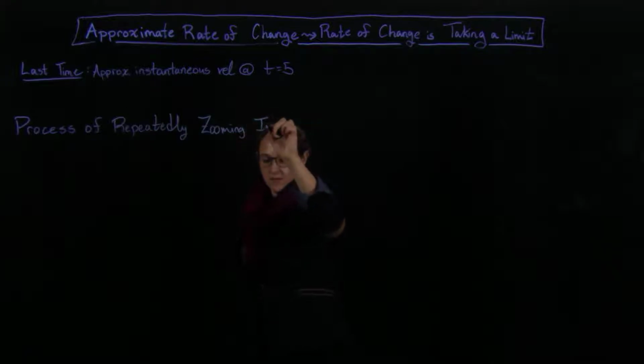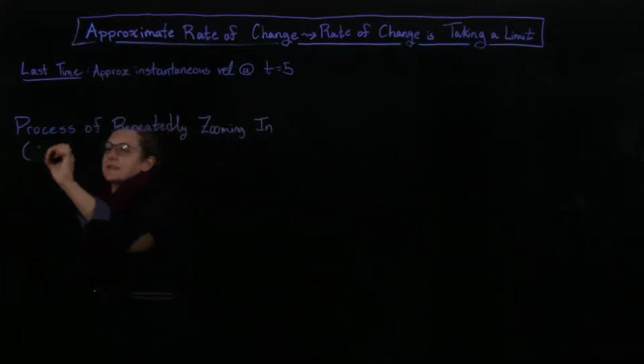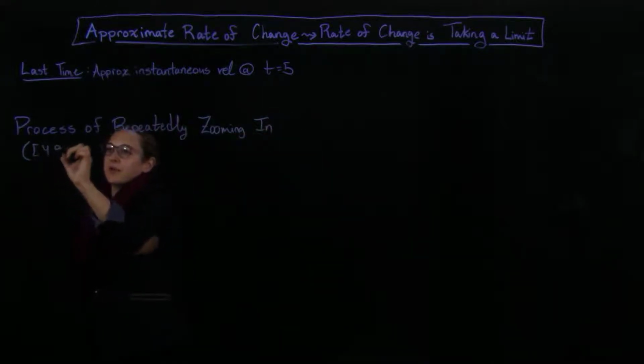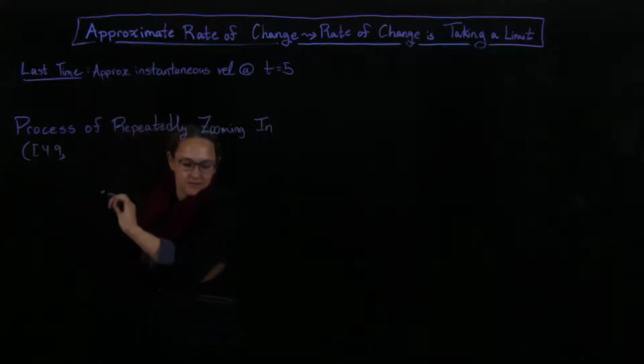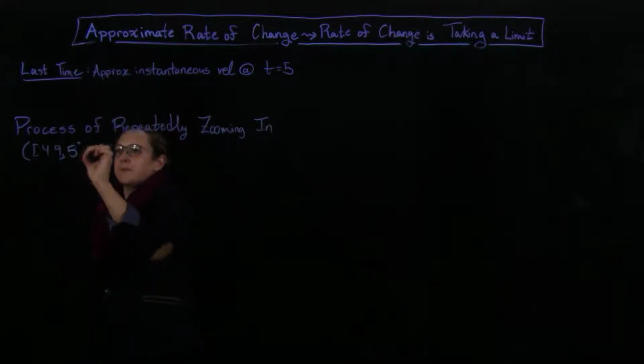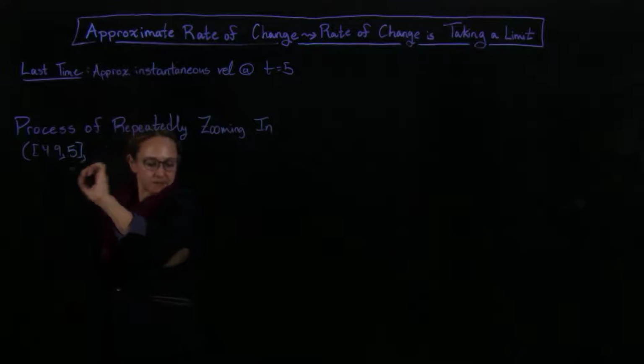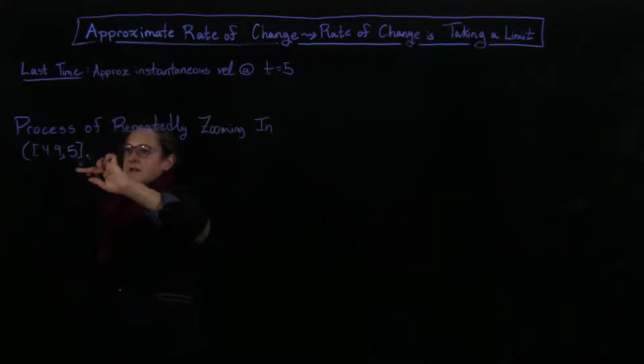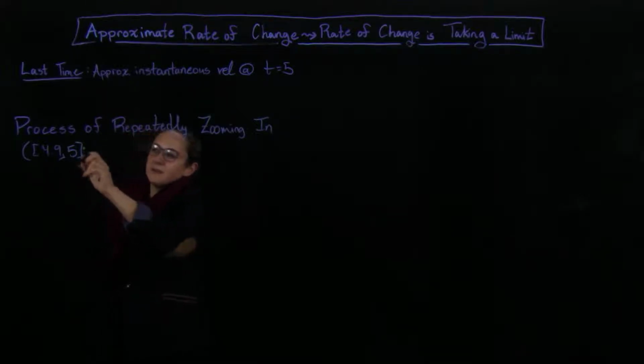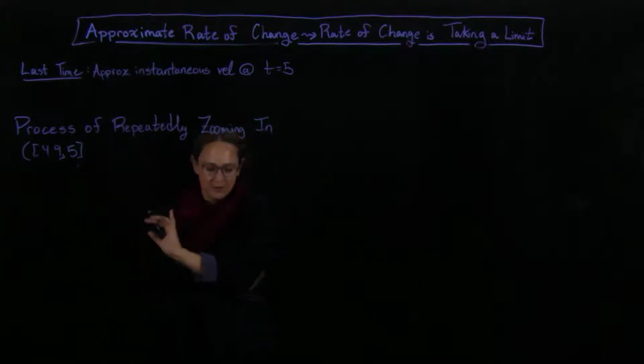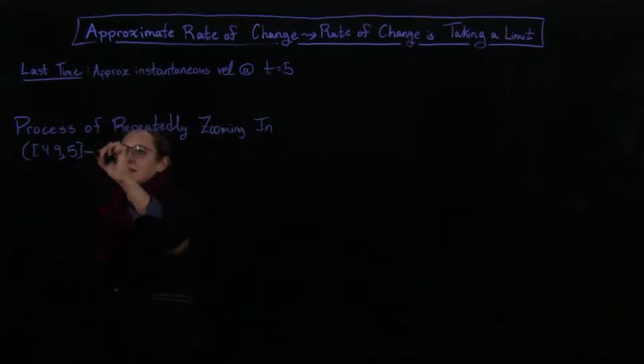we first looked at the interval 4.9 to 5, and then we went from there to looking at the interval from 5 to 5.1, but we're just going to simplify to talking about one side of it.